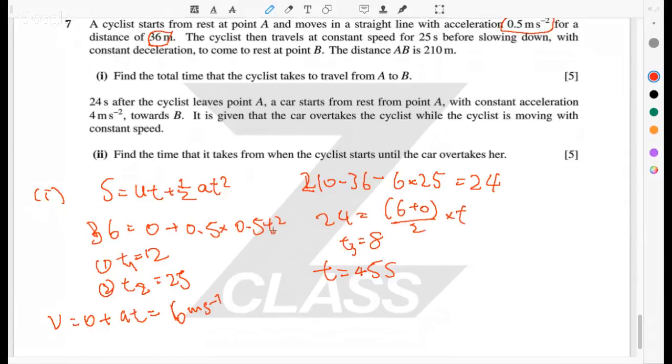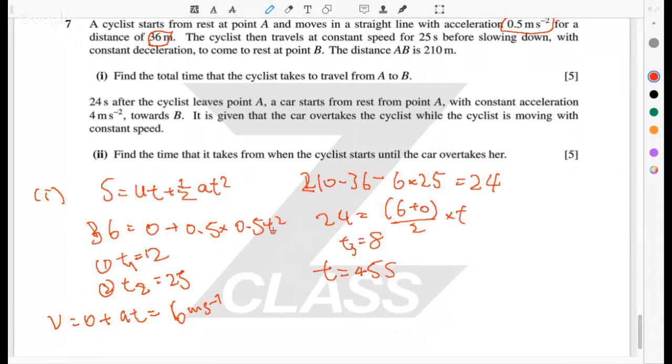Now we're told 24 seconds after the cyclist leaves point A, a car starts from rest from point A with constant acceleration 4 meters per second squared towards B. It is given that the car overtakes the cyclist while the cyclist is moving with constant speed.